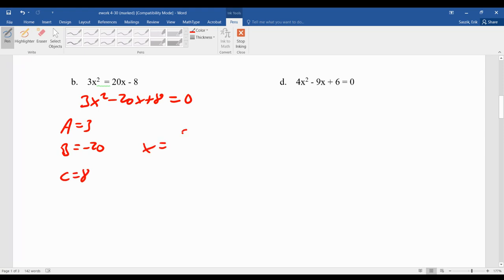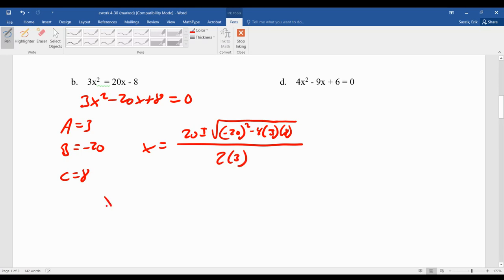X equals opposite of B plus or minus square root of B squared minus 4 times A times C all over 2 times 3.